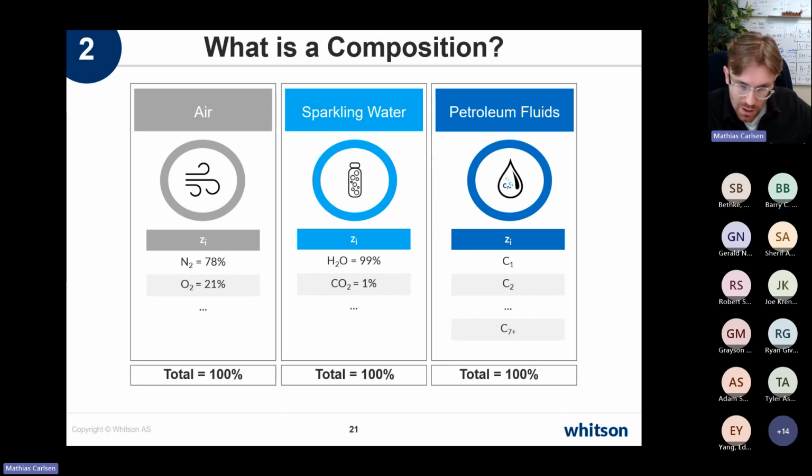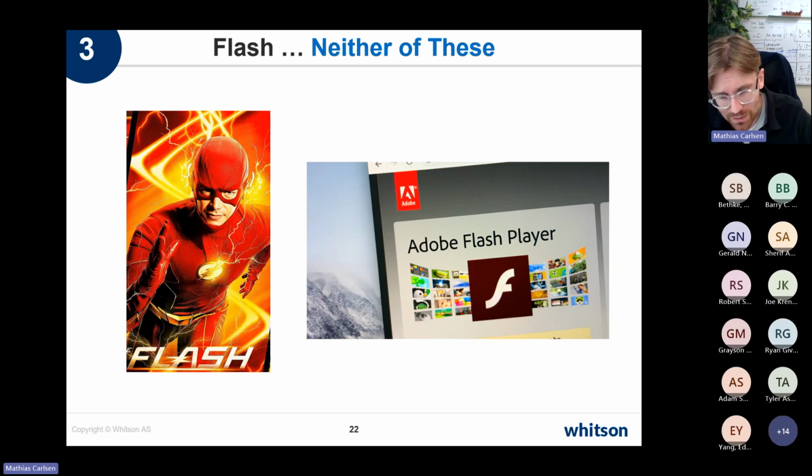When you have an equation of state and a composition, we hear this word flash all the time. We say that we flash the fluids to surface, to the separator conditions or whatever. We took the oil and flashed it to surface conditions. Of course, the flash is neither of these. I don't know if people remember the Flash player, always nightmares or horror on a daily basis.